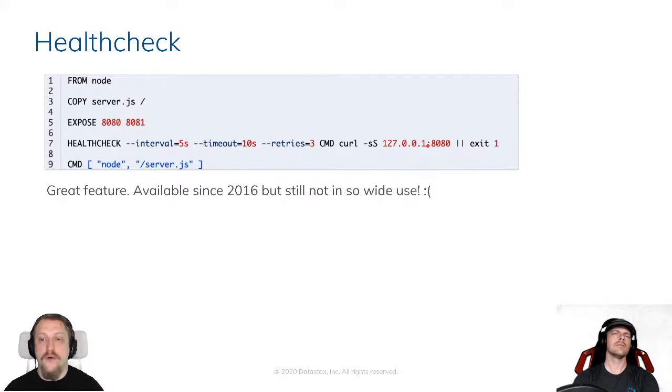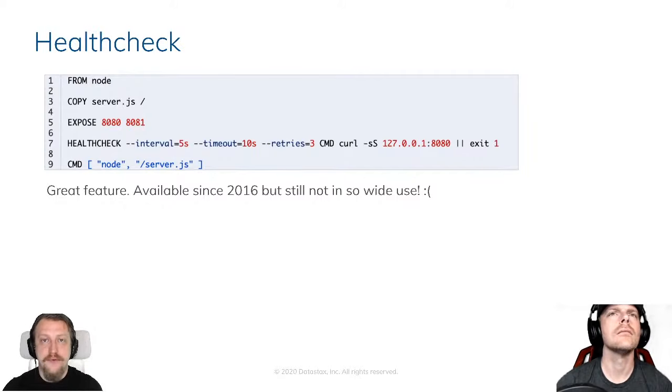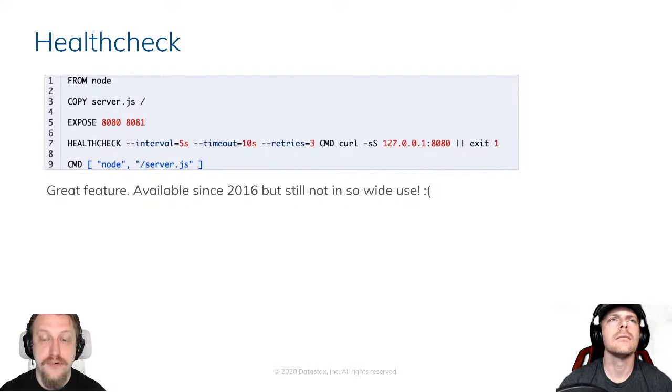If it's not a 2xx response, then we exit 1, and after a couple of checks, Docker will say the application is running but unhealthy, and operations may get a warning that there is something to take care of, or maybe to restart.